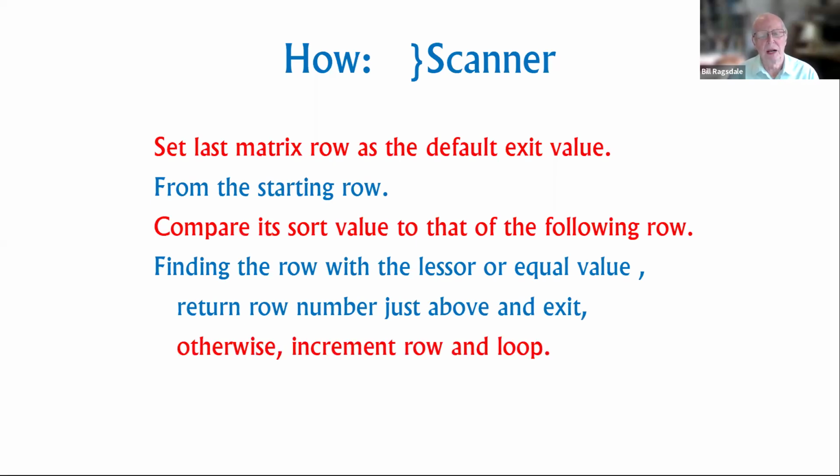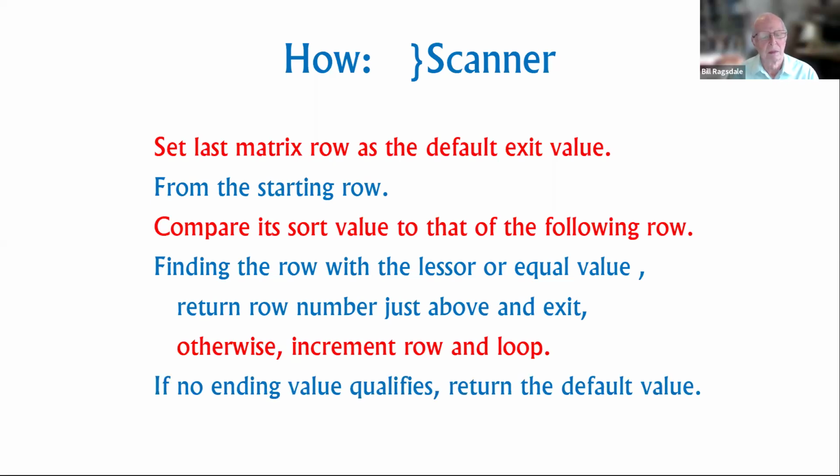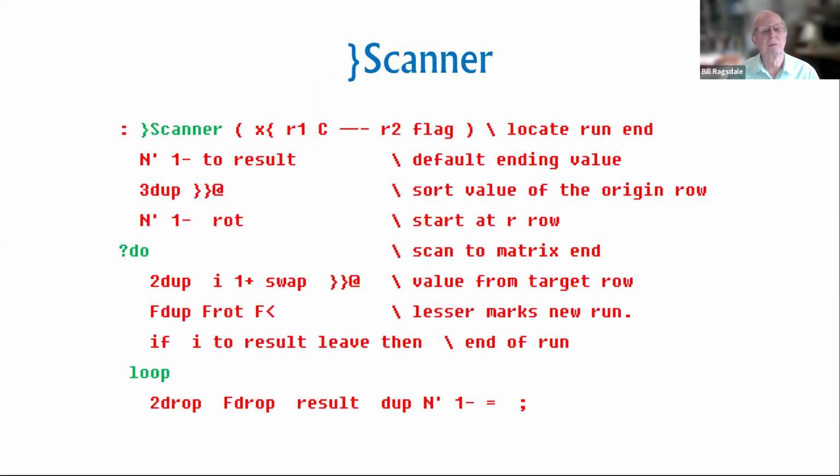If the values continue to increase, the scan is continued until it does find a decreasing value. And if no ending value qualifies, the word has run completely to the end of the file. So again, it returns the default value, which is the last row in the matrix.